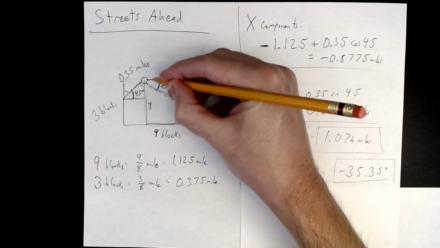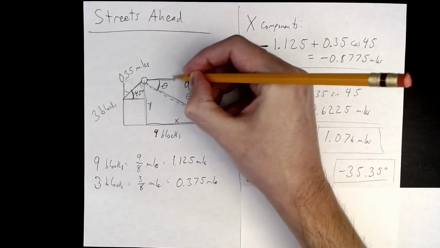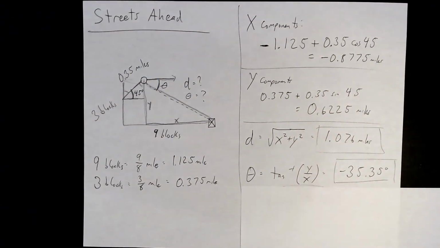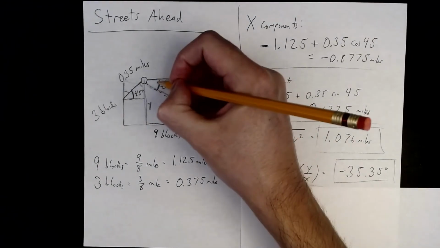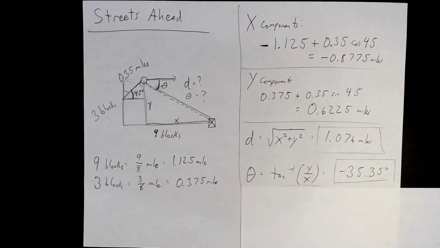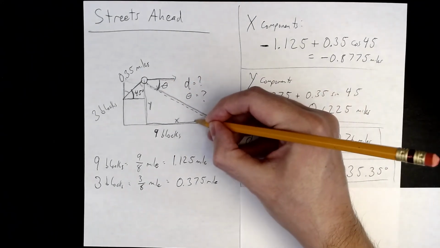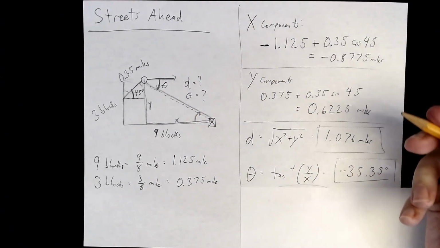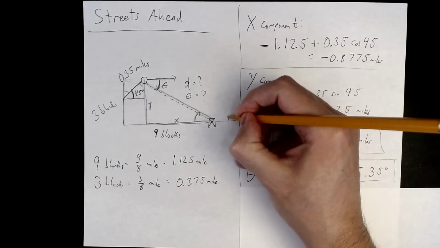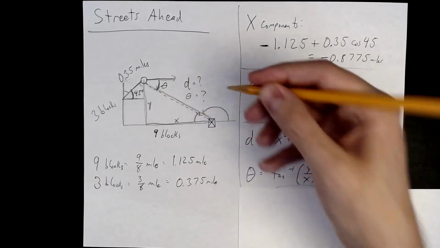So starting at going directly east, we go negative 35 degrees down to there. Obviously, if we were looking at it from another perspective, this is going to have to be positive 35 degrees, but what about this angle?